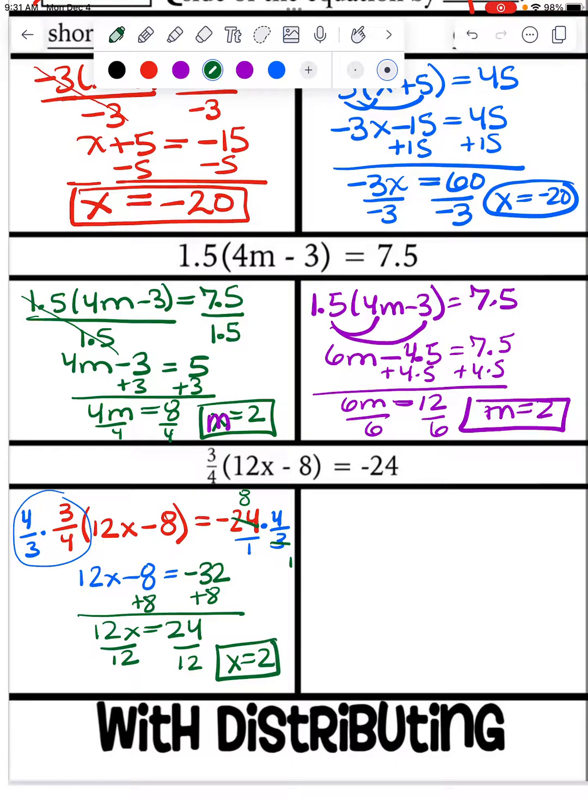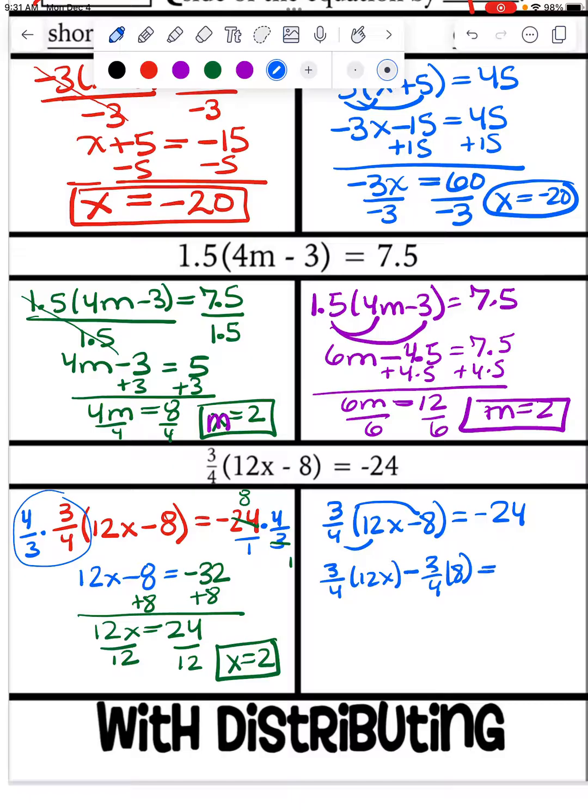All right, let's try that with the distributive property over here and see if we get the same thing. Again, it looks a little scary because it's fractions, but it's not that bad. So I'm going to multiply the 3/4 times each thing in parentheses. So I'll have 3/4 times 12x, and I'll have subtracting 3/4 times 8, or you could make it adding 3/4 times negative 8.